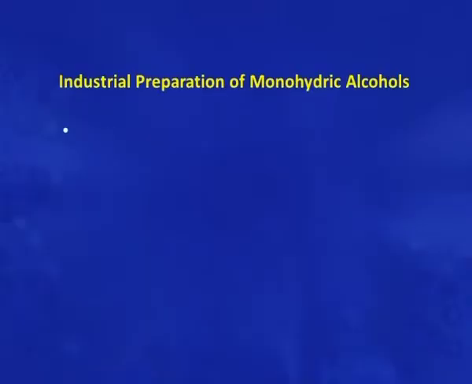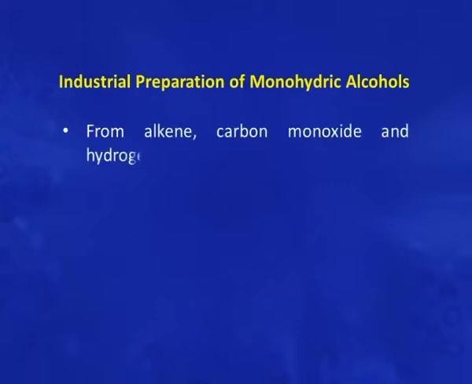Actually, petroleum is a 5 to 10 carbon containing alkane fraction. After cracking, it forms alkenes, and from alkenes, alcohol can be prepared by hydration. The other method for the preparation of alcohols from carbon monoxide and hydrogen is via the oxo process.